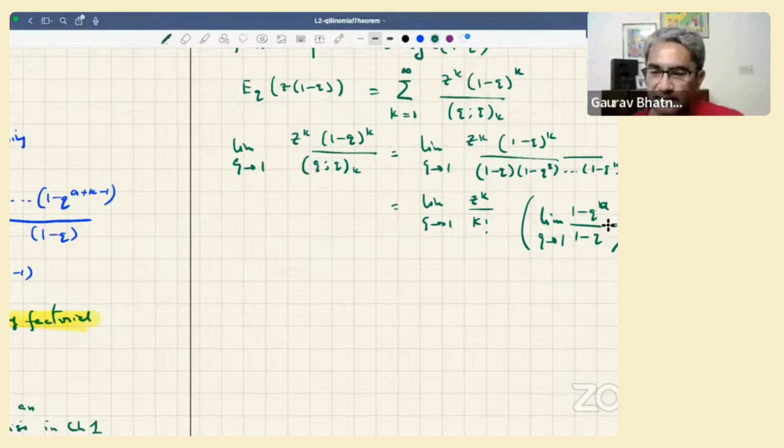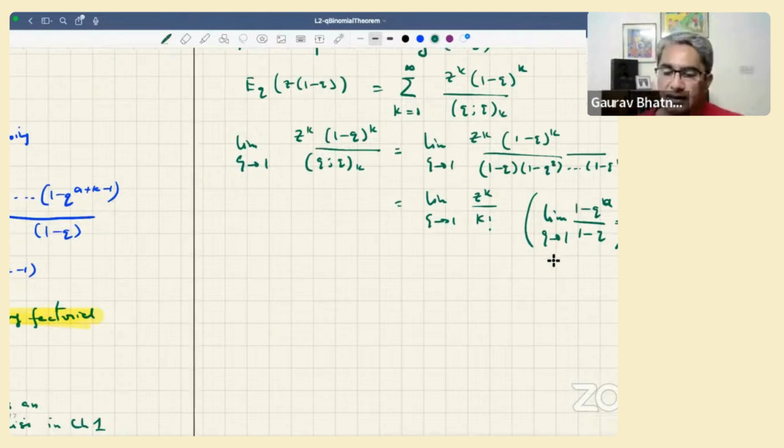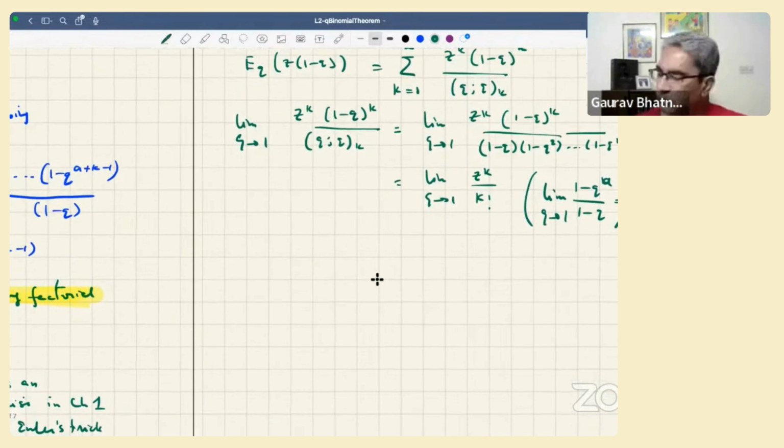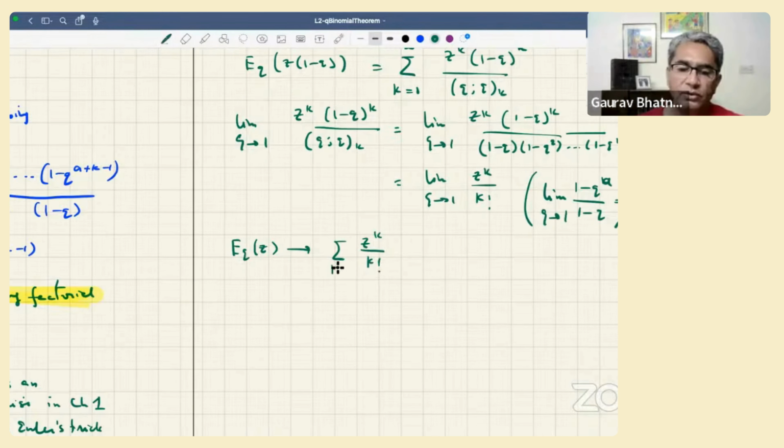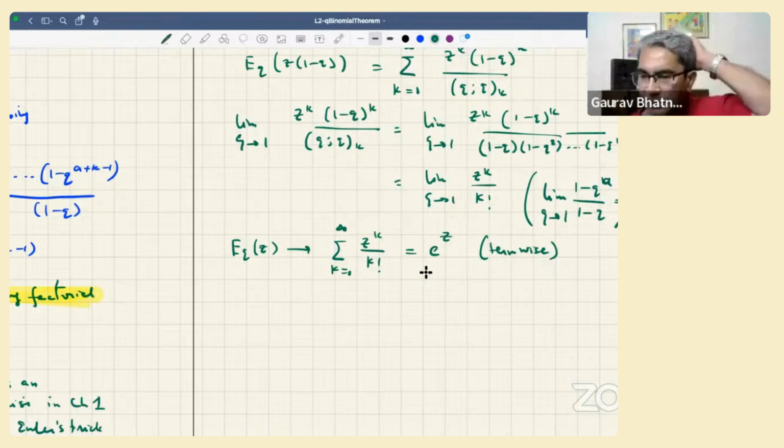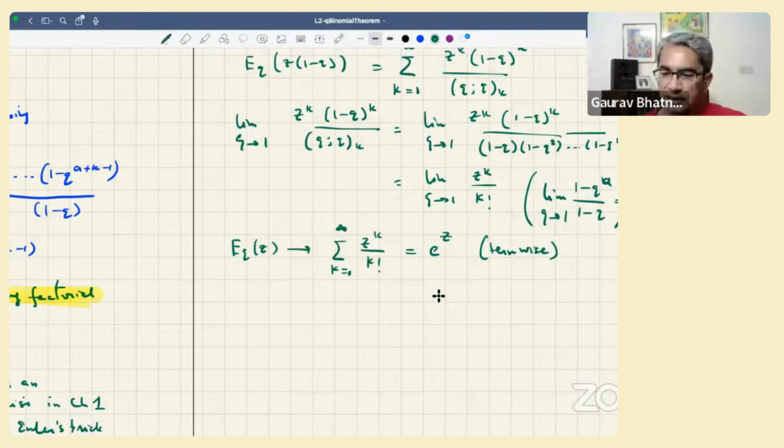This limit we are using is just saying that the function q^a has derivative a at q equal to 1. So if we do that, term-wise E_q(z) tends to the series z^k over k factorial, which is the exponential function. This is term-wise, and you can justify that the limit is actually this because the series converges uniformly and absolutely on compact subsets of z.